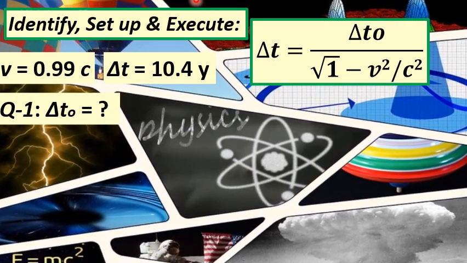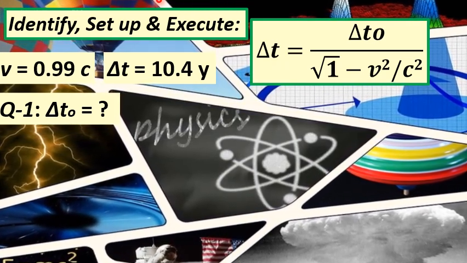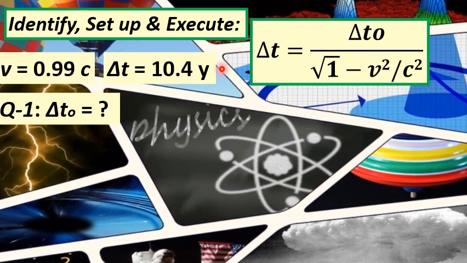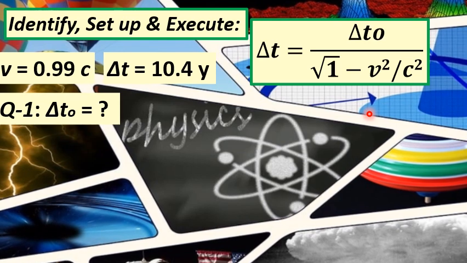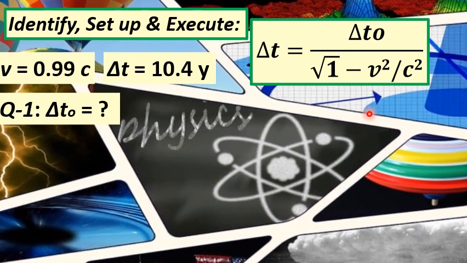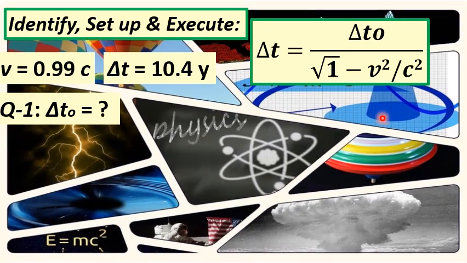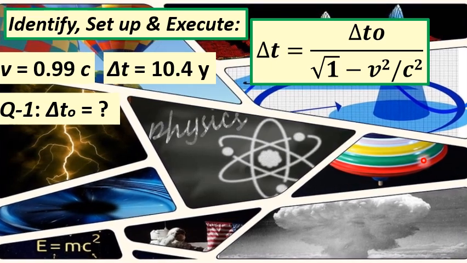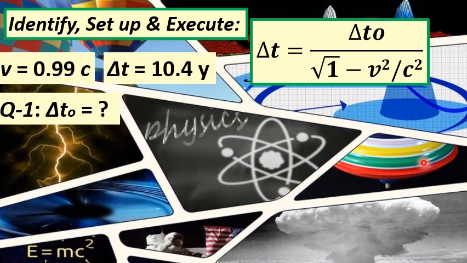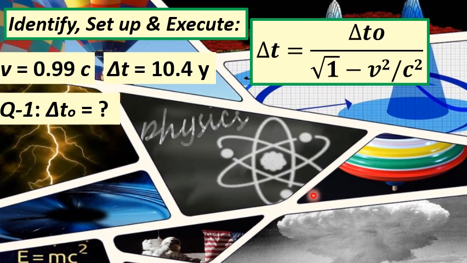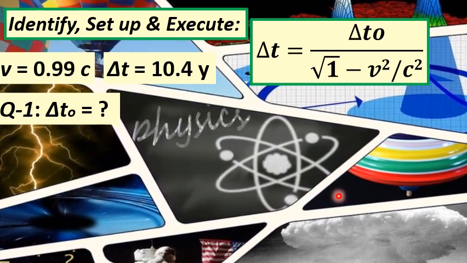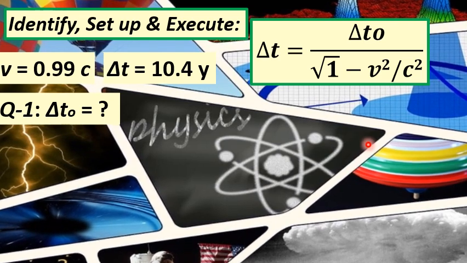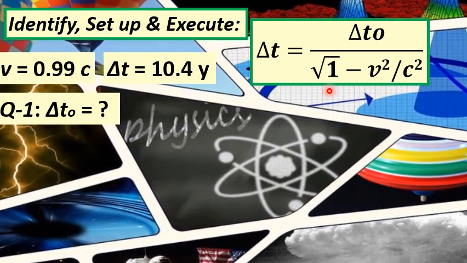This equation is also known as the time dilation formula. For easy computation, we first substitute and simplify the term in the denominator. This term in the denominator is also called the Lorentz factor.